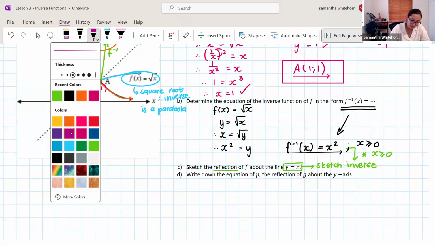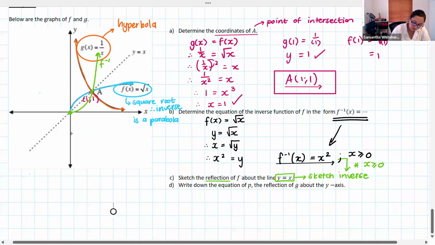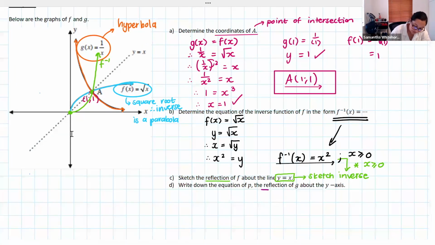Right, when we look at the last question here, question D, I've got 2 minutes, I'll get it done in 1. We have been asked to write down the equation of p, the reflection of g about the y-axis. Now, this should take you back to grade 8 and grade 9 transformation geometry. When we reflect about the y-axis, the x value becomes negative, or changes sign. Doesn't really matter how you choose to view it, but basically the sign changes.